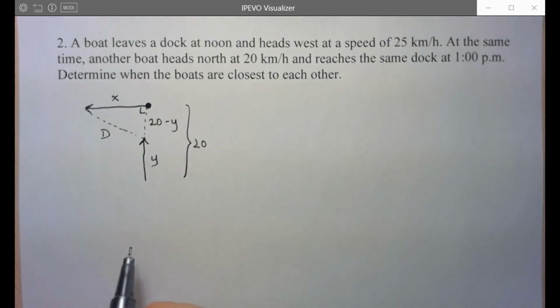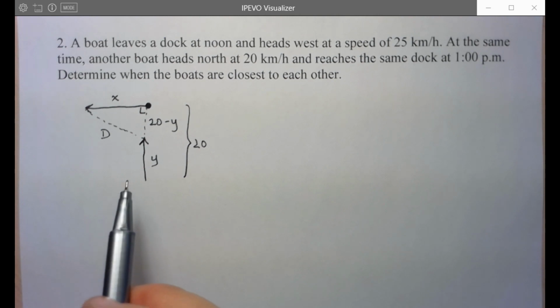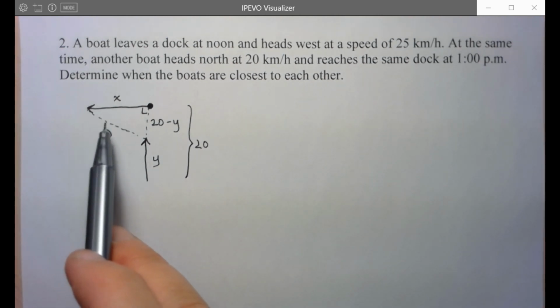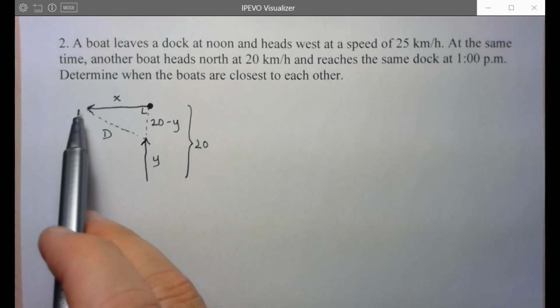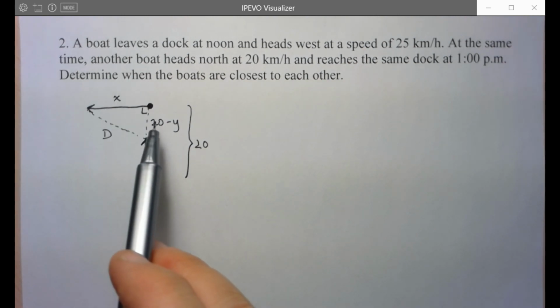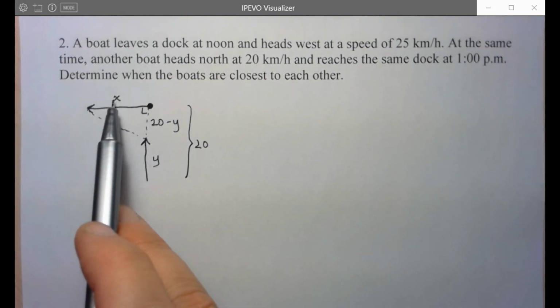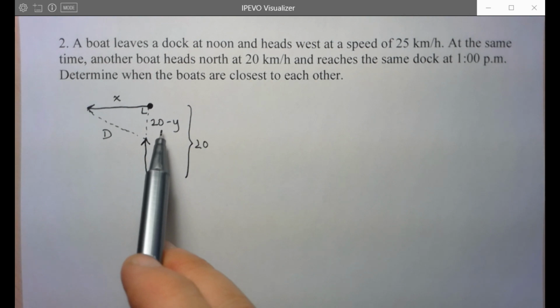All right, and now I have a relationship between the distance between the two boats and the distances which either they traveled or is related to the distance that they traveled.